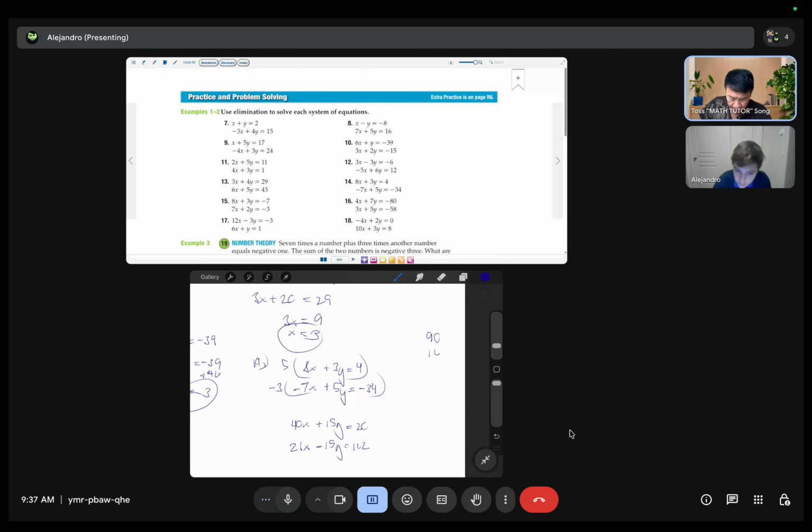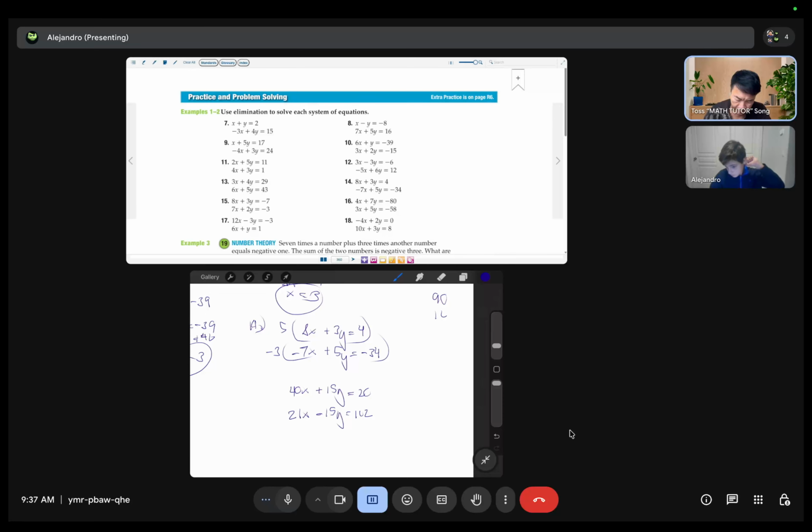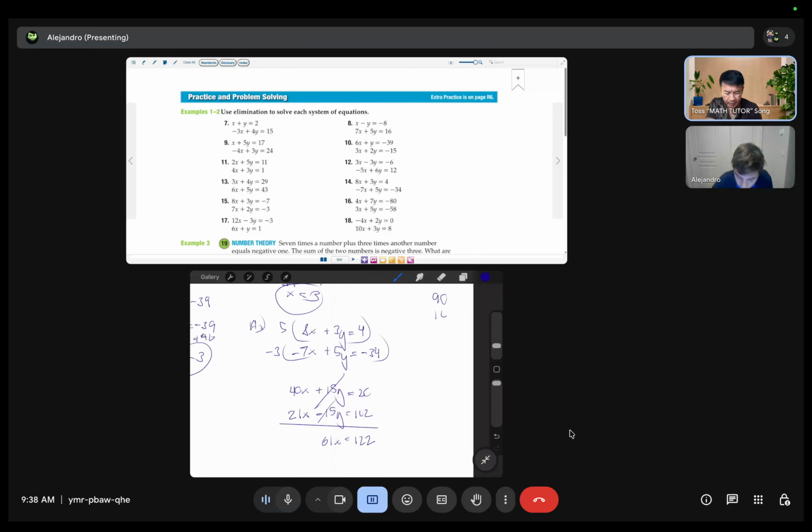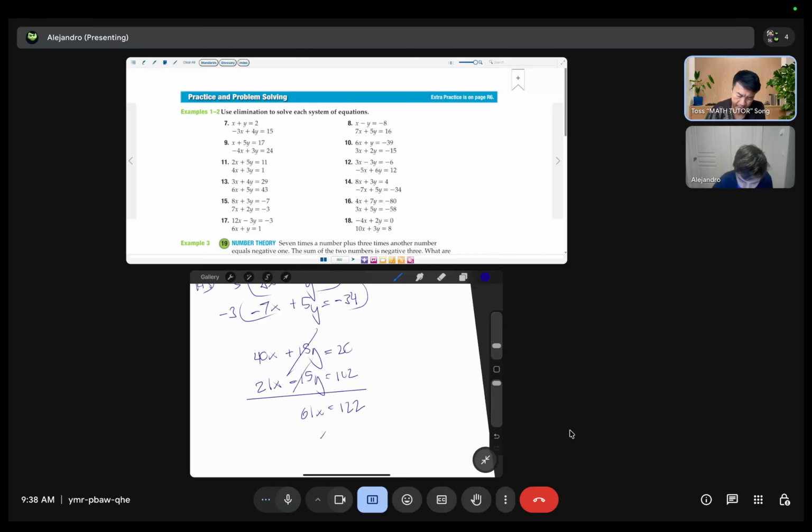All right, it looks good. And then add them straight down. You get 61x equals 122. So it's going to work, I'm pretty sure. 122 divided by 61, 2 times. X equals 2, the first one.